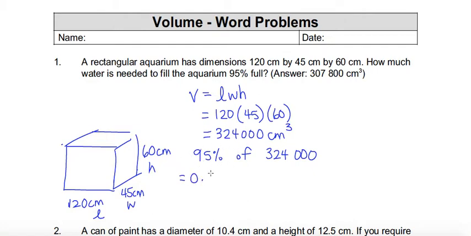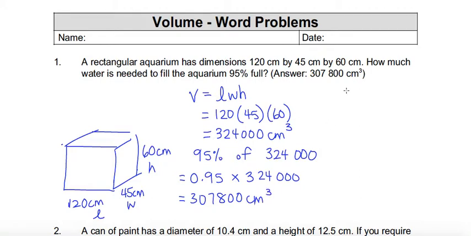So that becomes 0.95. I'm dividing by 100 to get my 0.95. My "of" is multiplication, and I'm writing my 324,000. So now I'm doing 0.95 times 324,000, which gives me an answer of 307,800, and my units are centimeters cubed.